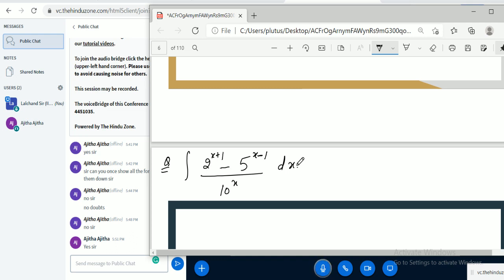Can you integrate this? Can you find the integral for this? Try to break this into simple forms.